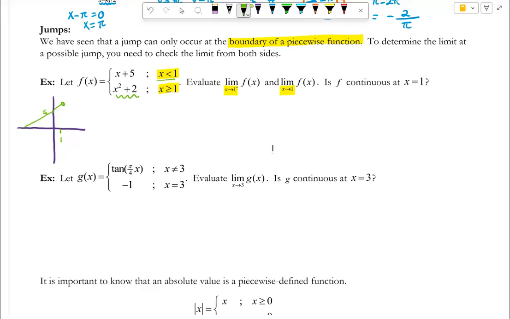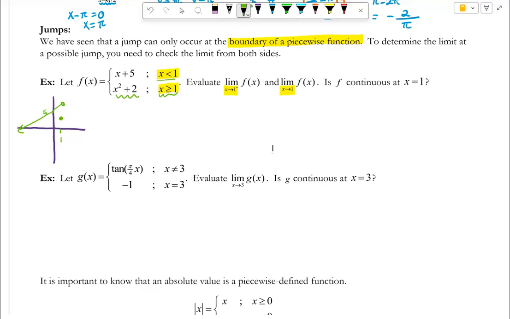But x plus 5 might look like that. And then on the bottom, we have this quadratic x squared plus 2. So if I plug in a 1 to that, 1 squared plus 2 is 3. So I'm just going to say that 3 would be about there.